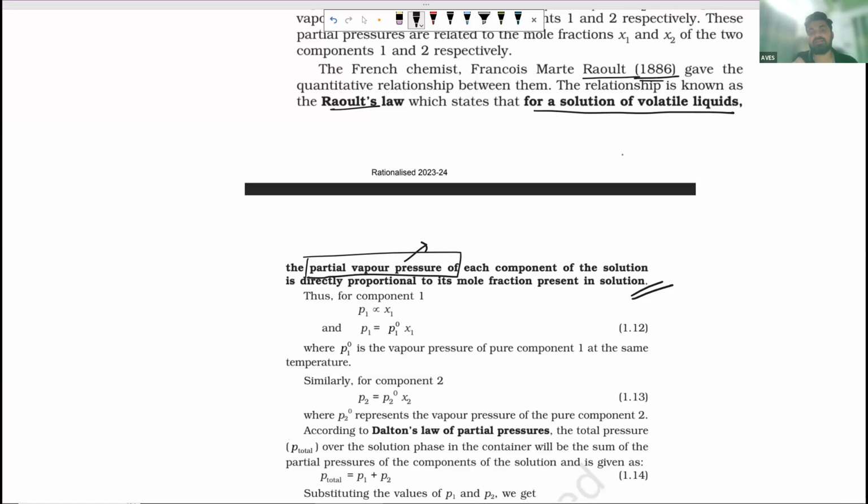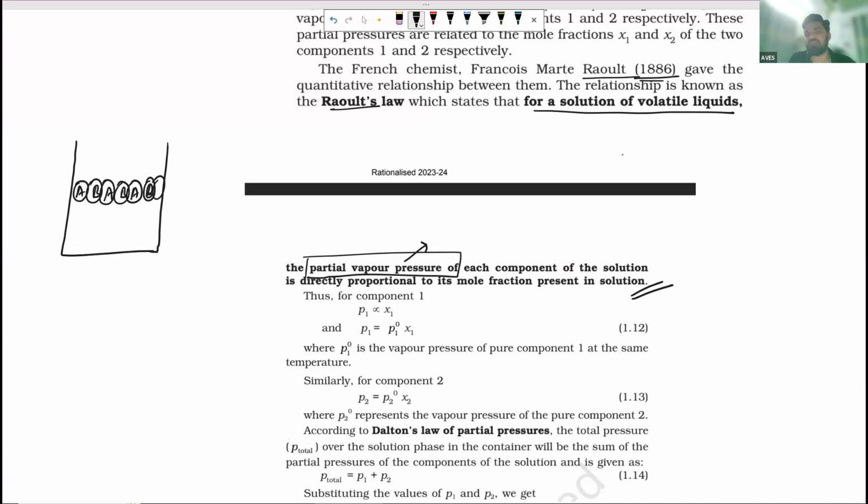Here is that when you are having a mixture of two volatile liquids, for example, and this is having A particles, and this is having B particles, then A particle, then B particle, then A particle, and then B particle, and then A particle.